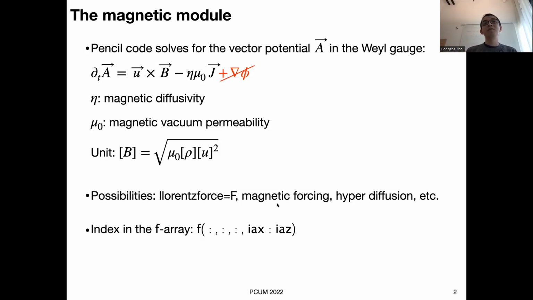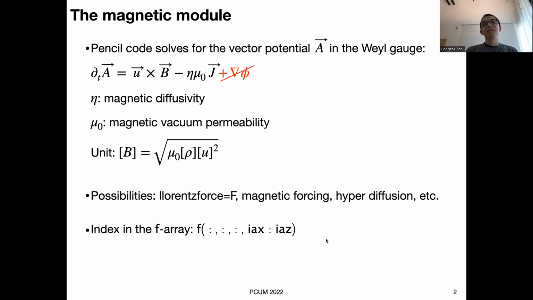You can also force the magnetic equation, or have hyperdiffusion, or rather hyperresistivity, and many other things. In the f array, the vector potential is stored from index iax to iaz if you want to do some coding.